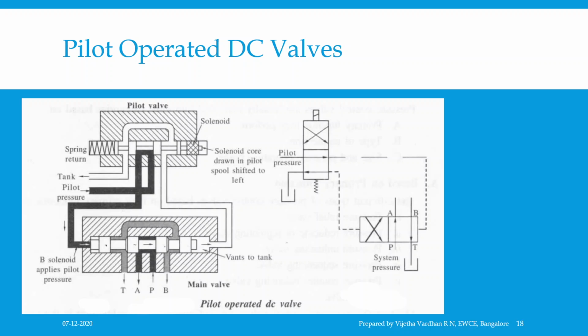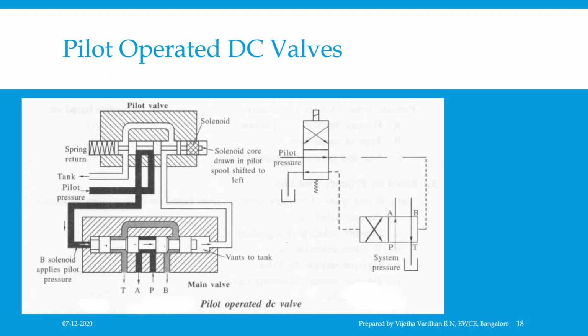In such cases, the spools of DC valves are actuated using pressurized oil at either end of the casing, as shown in this figure. The pressure of oil which actuates the main valve is called a pilot pressure. To control the direction of flow into the end of the DC valve, another DC valve is used, which is actuated by the means mentioned.